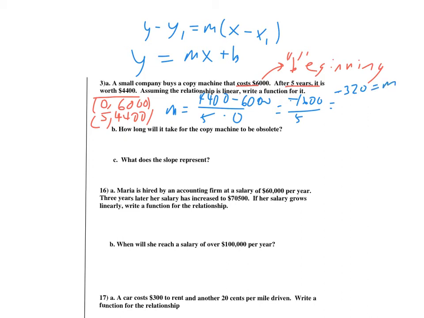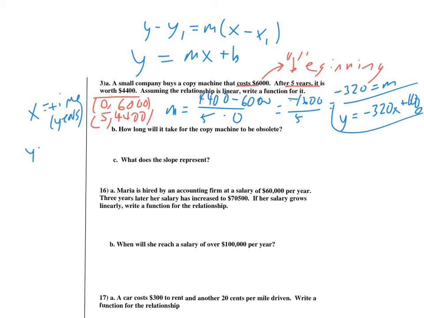It makes sense that it's negative because it's decreasing in value, like most things do as you use them. So y equals negative 320x plus 6,000. I'll use the slope-intercept form since I have that y-intercept. In this equation, x is the time in years, and y is the value of the copy machine.